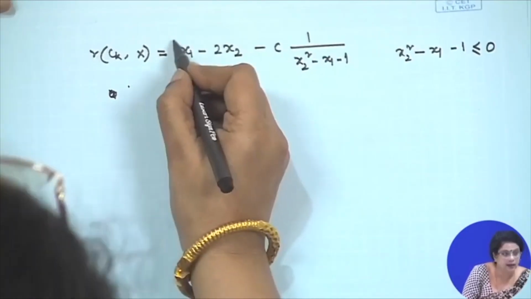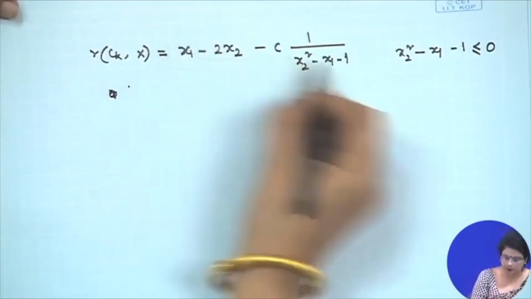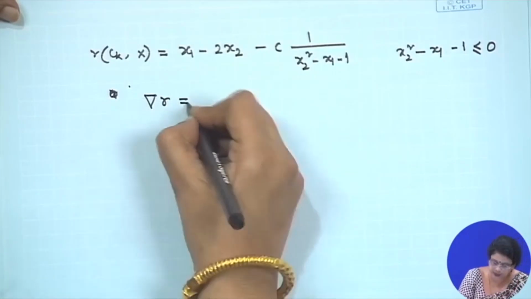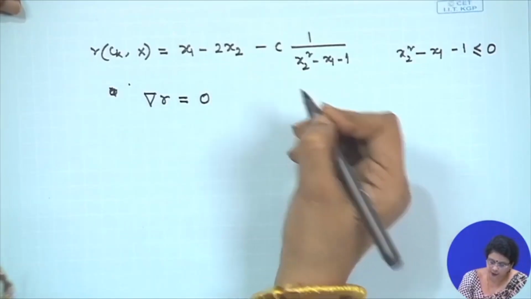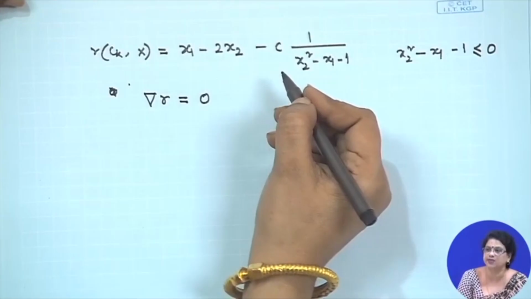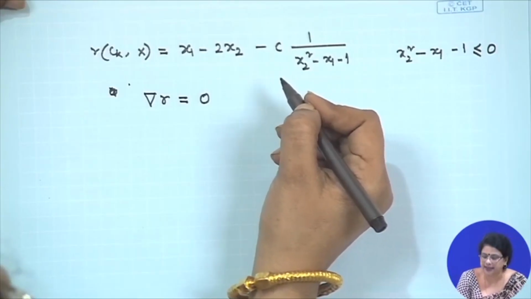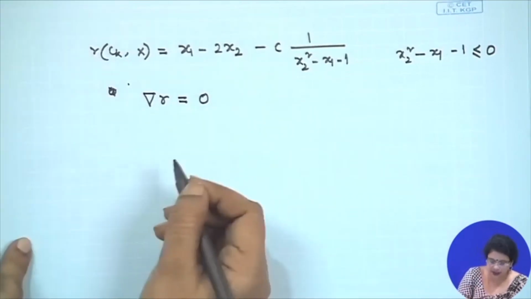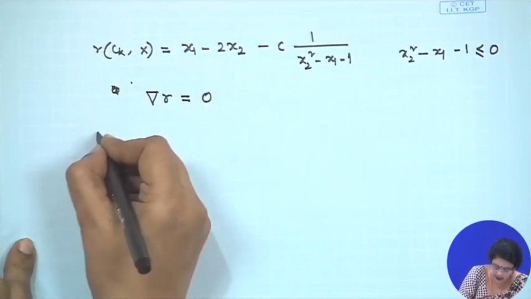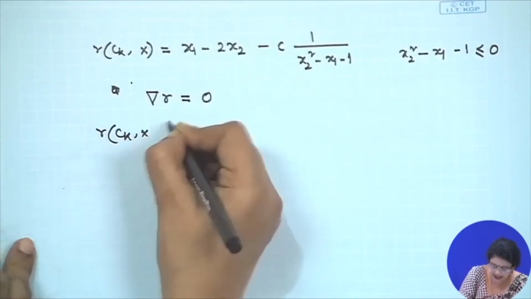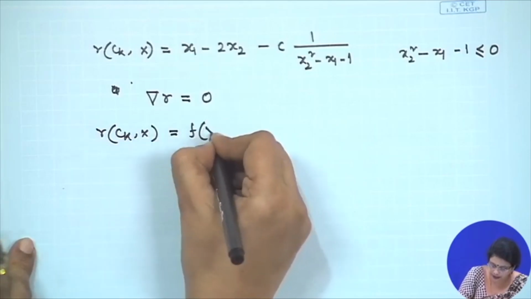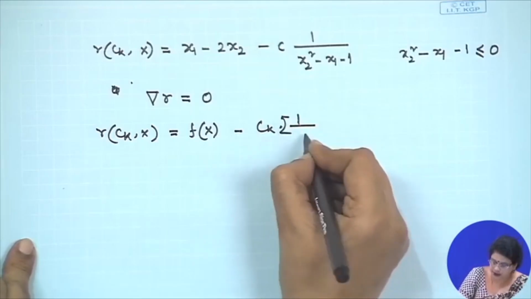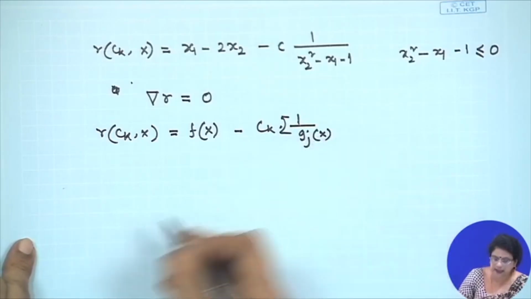Okay. And you solve this problem with the interior penalty function method by considering grad r is equal to 0. Find out the values of x_1 and x_2 in terms of c, then take c tending to 0 and find out the value of it. In this process, one thing I would like to say is that we are considering r(x, c_k) is equal to f(x) minus c_k times the summation of 1 by g_j(x), all right.